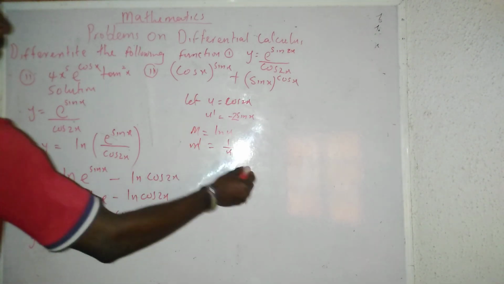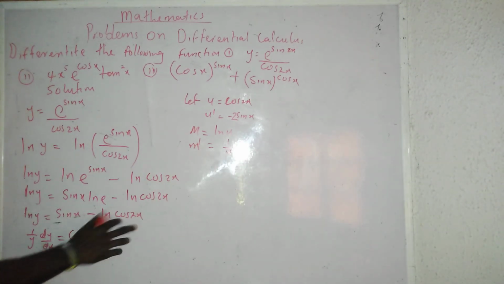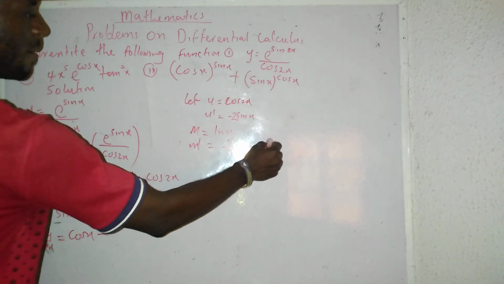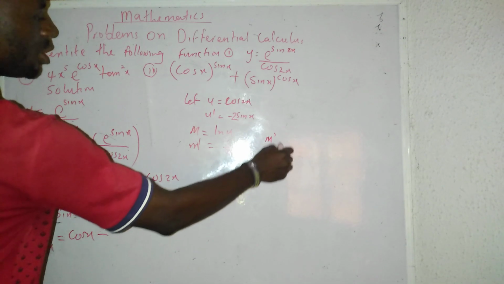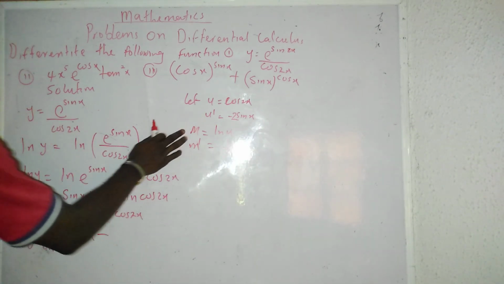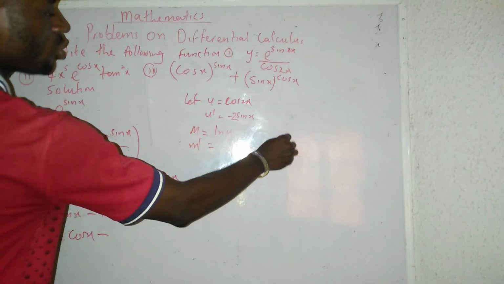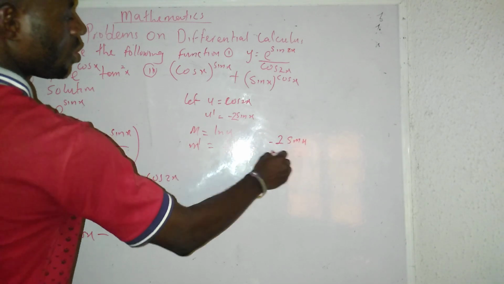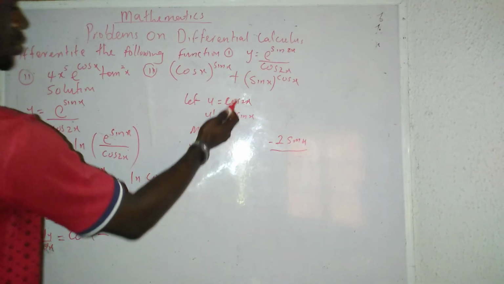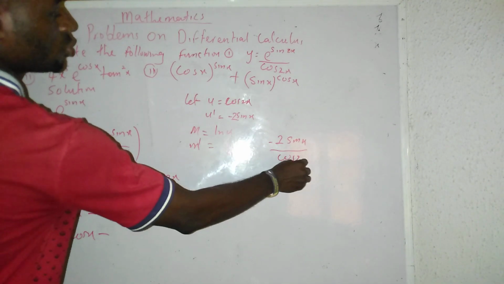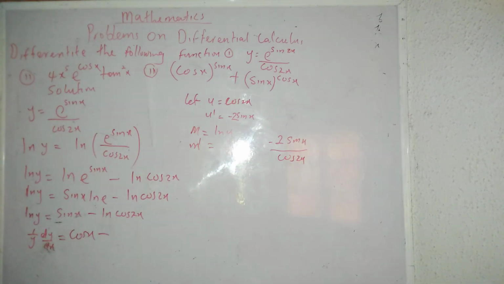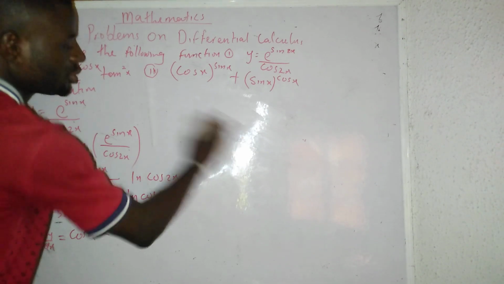Now, the whole function: if I differentiate m, it will be minus 2 sine 2x all divided by u, which is cos 2x. That is a function of a function, from our last video, where you get the logic behind this.